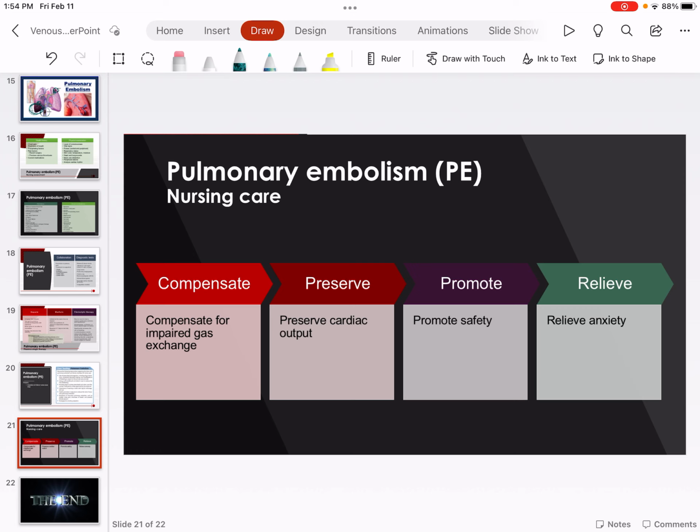And so there are lots of exclusion factors involved here, like recent surgeries, history of previous stroke, things like that, where the client might not be a candidate for this therapy.